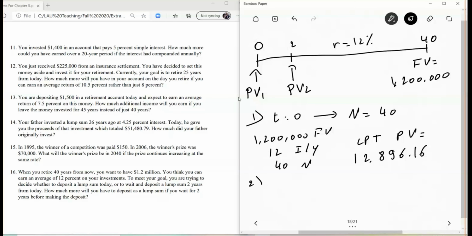Now, if I wait 2 additional years before I make my investment, I will need more money. In this case, t equals 2. This means N is going to be equal to 38 years. Because now if I invest in year 2 till year 40, I will have a 38 year investment period. So now the 1.2 million FV is still the same, the 12% IY is still the same.